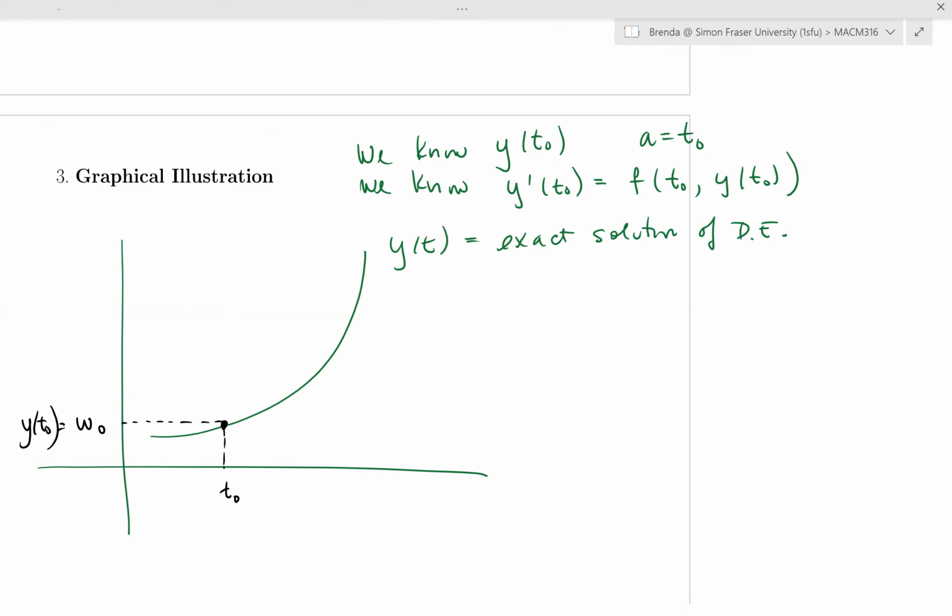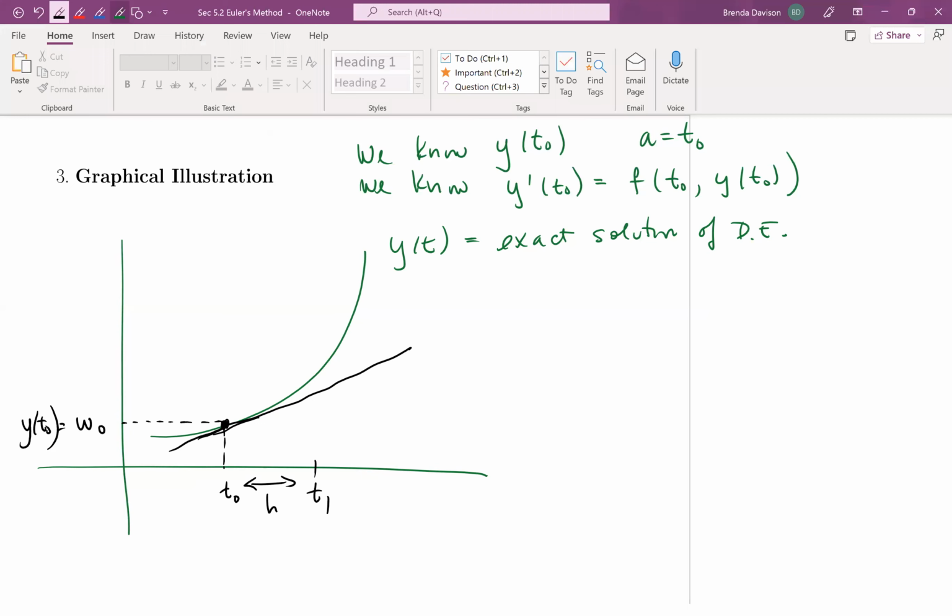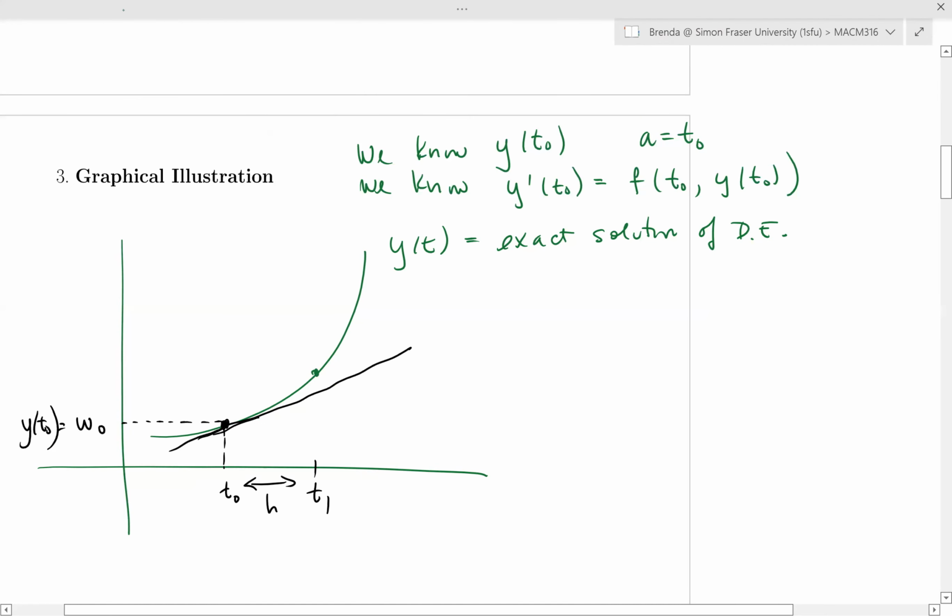Then we estimate the derivative like this. Basically, we calculate the tangent line. We then move over to time t1. This number right here is the exact solution, y at t1.